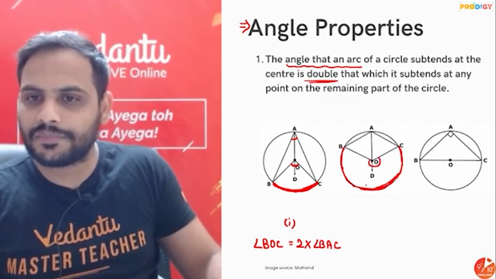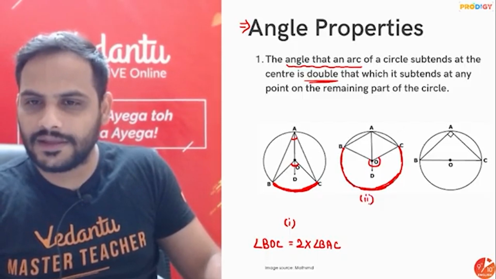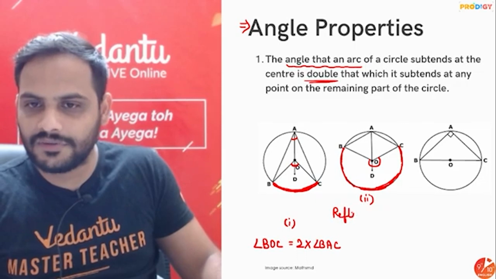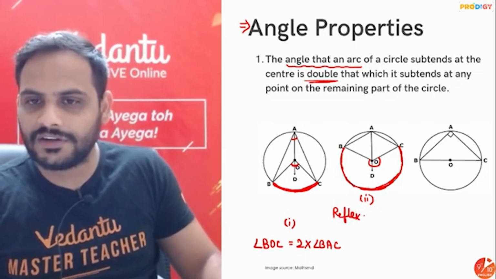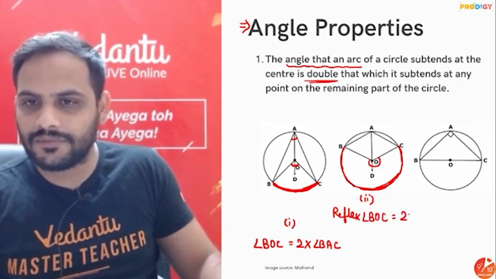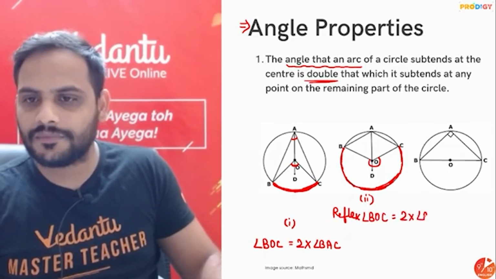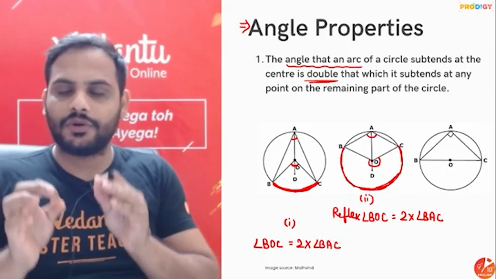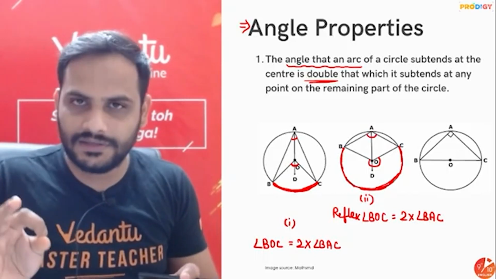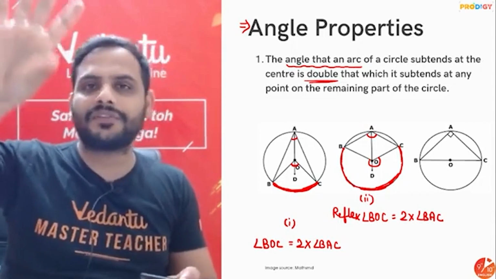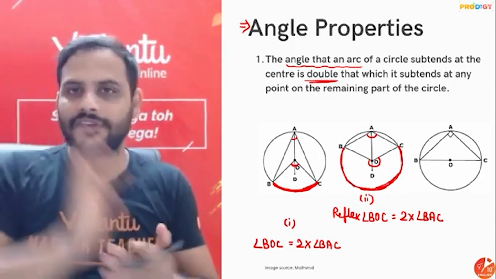The angle subtended at the center will be nothing but reflex of angle BOC, which is greater than 180 degrees. So reflex of angle BOC will be 2 times angle BAC. So remember this diagram carefully. Focus on which arc the angle at the center is given for, and then in the remaining part of the circle the angle will be half of the central angle.